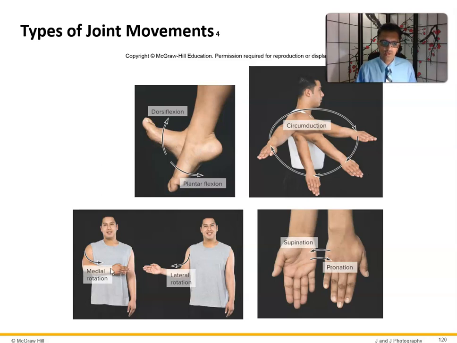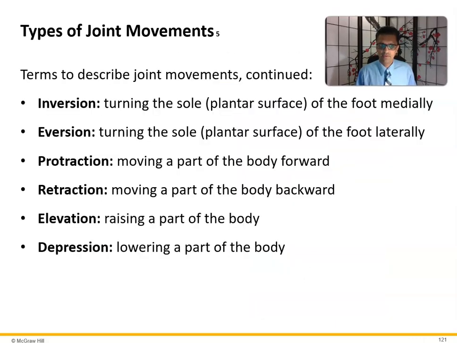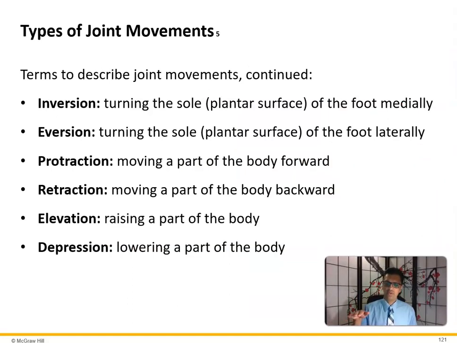Medial rotation is going towards the middle. Lateral rotation is going out. This is also known as external rotation or internal rotation. And it makes sense. And again, supination is palms up and pronation is palms down. Inversion, eversion. Remember when you sprain your ankle, you usually do an inversion sprain. It's going in.